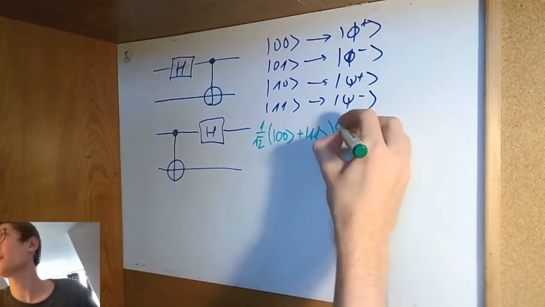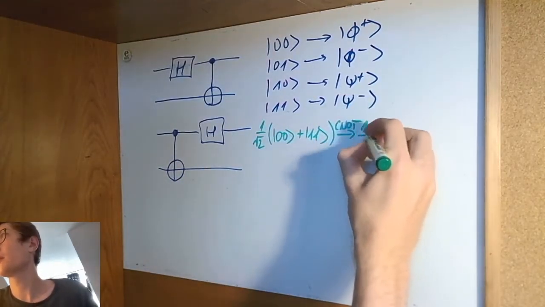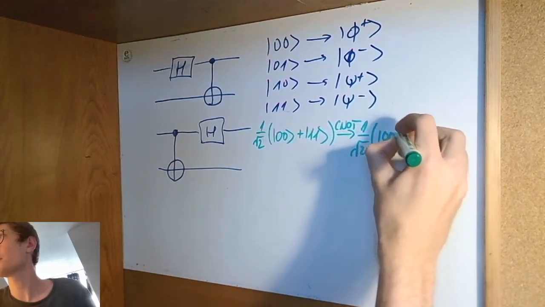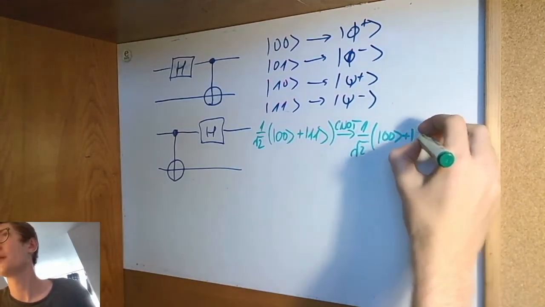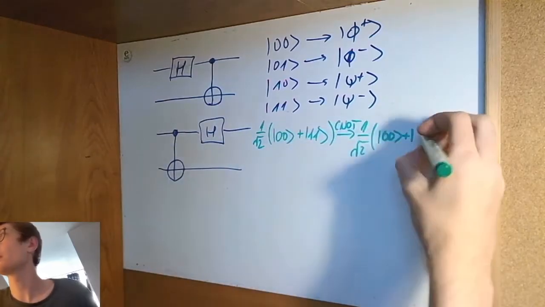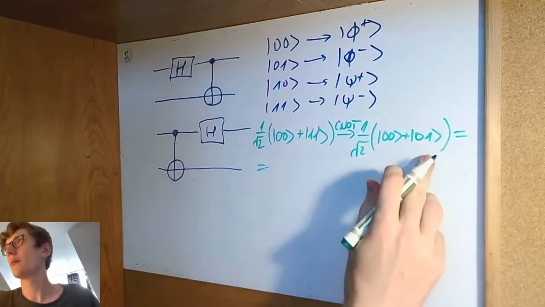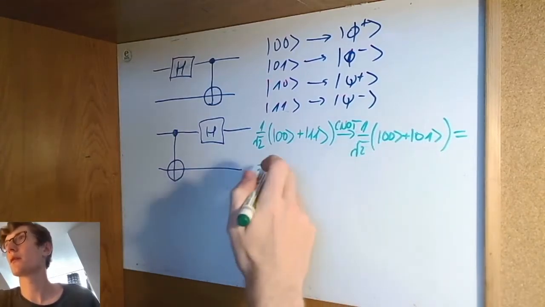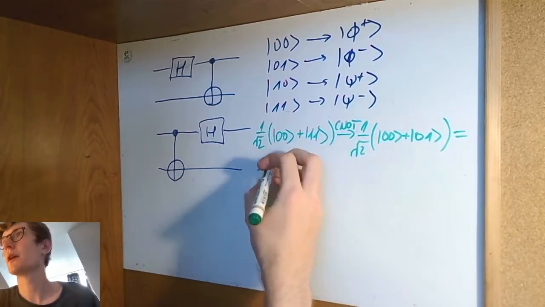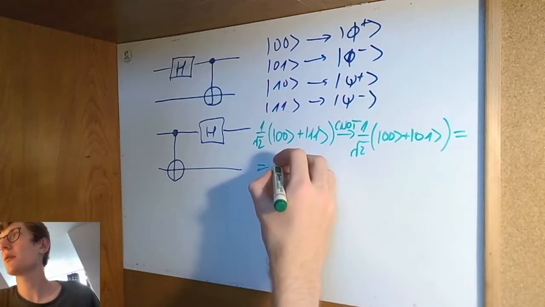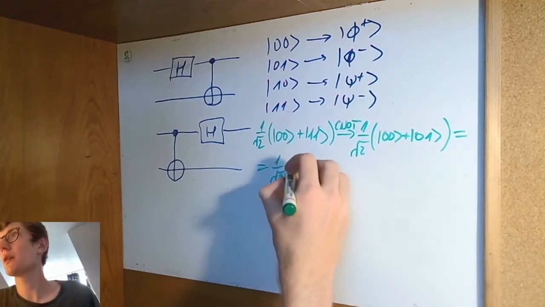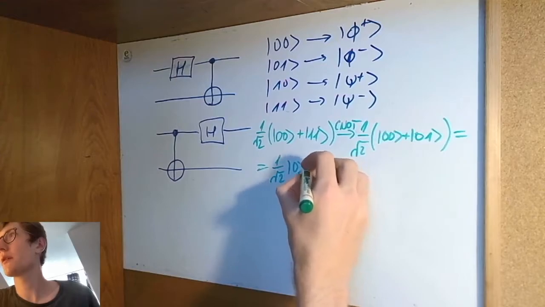So C naught transforms it to 0, 0 plus 0, 1, right? Because first qubit is on the right and second one is on the left. We can also write it as a tensor product. It will be nicer to look at it.